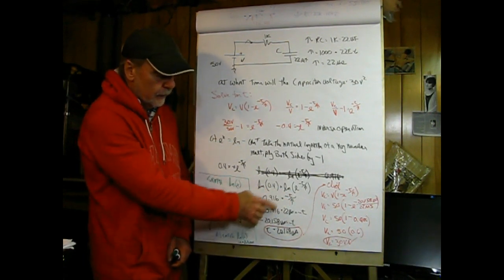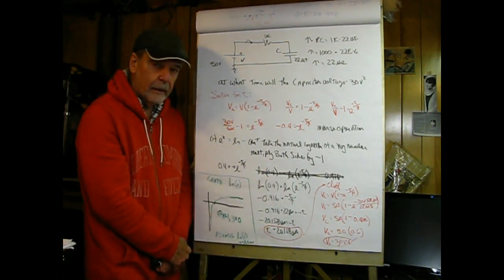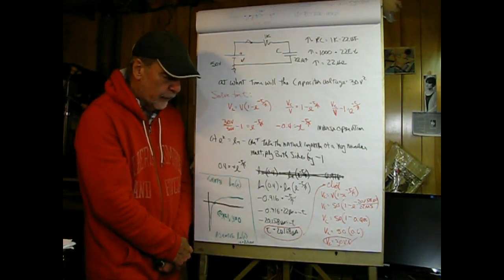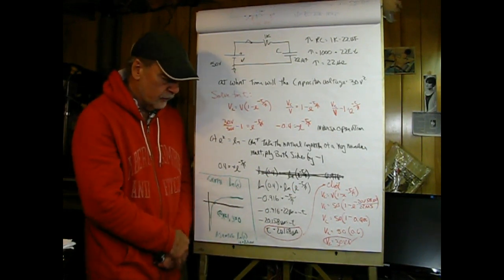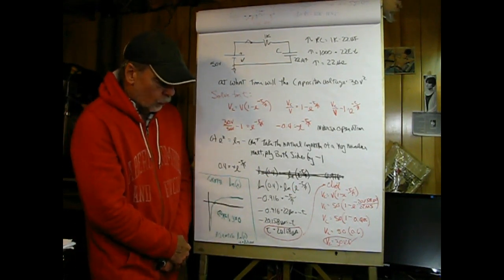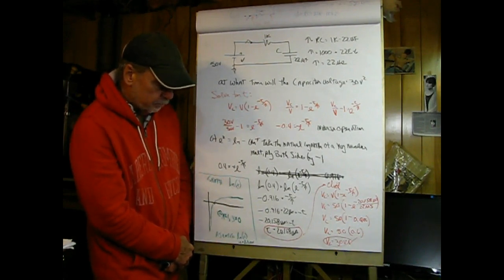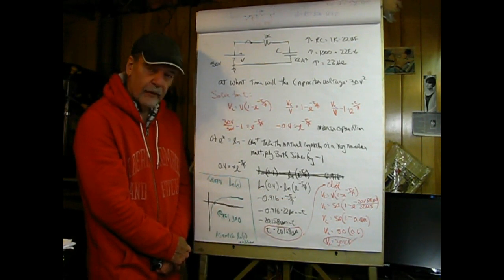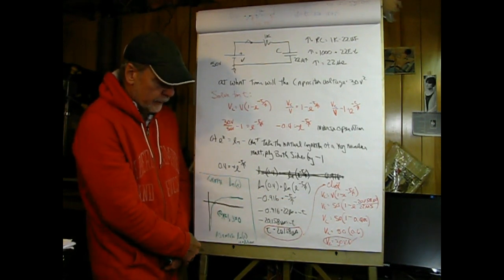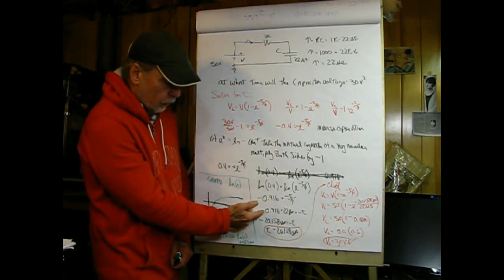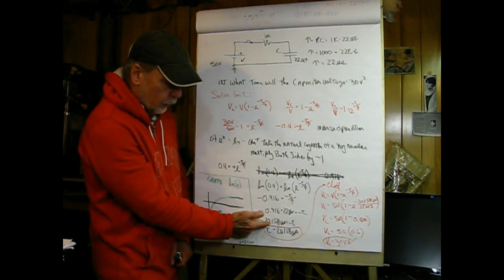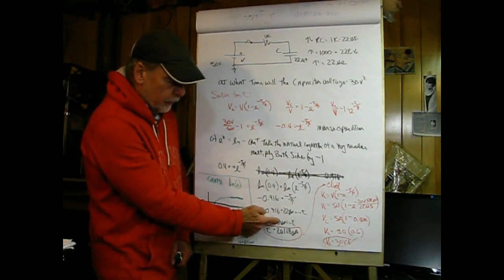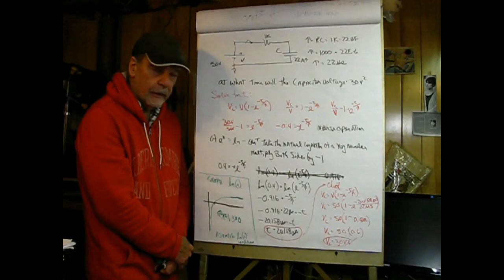So notice that the natural number e has been eliminated by taking the natural log of it. So in working this out here, I'm going to multiply both sides by tau to isolate our value t, and that'll give us negative 20.158 microseconds equals negative t.